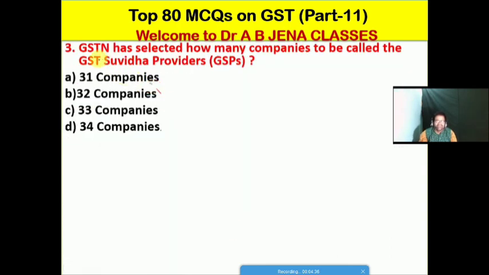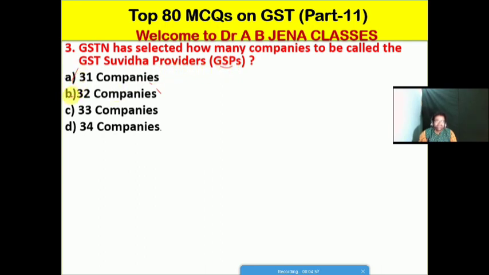Next MCQ. GSTN has selected how many companies to be called GST Suvidha Providers? Friends, GSP stands for: G for GST, S for Suvidha, P for Providers. So how many companies?